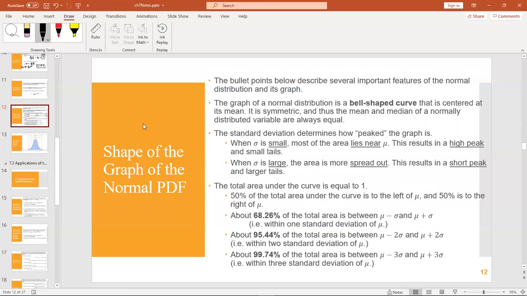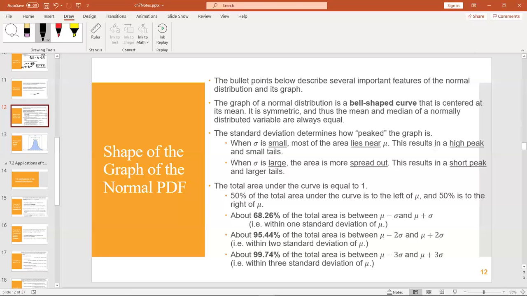The standard deviation is going to tell you how peaked it is. Basically, when the standard deviation is small, most of the area is around mu, which is the mean. So a small deviation is a high peak. That basically means the data is packed in really close together.